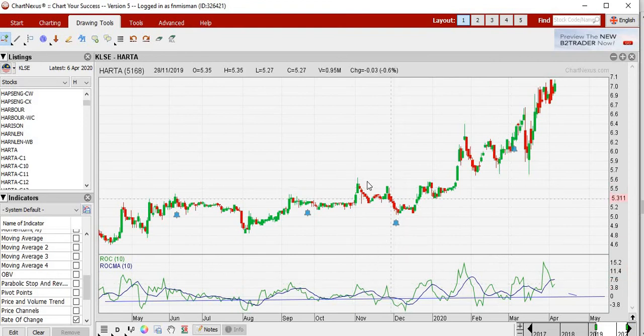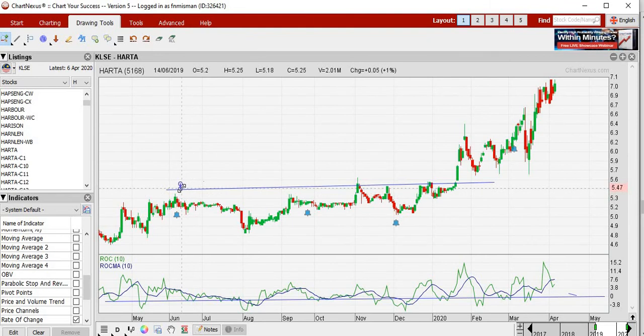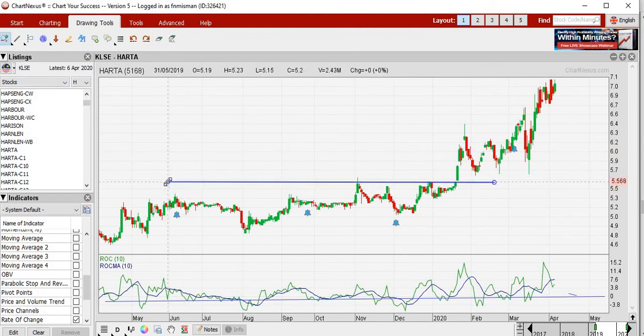In this case, we can see that this is the chart. This is an area that is sideways. The sideways area, and then the price breaks the resistance.